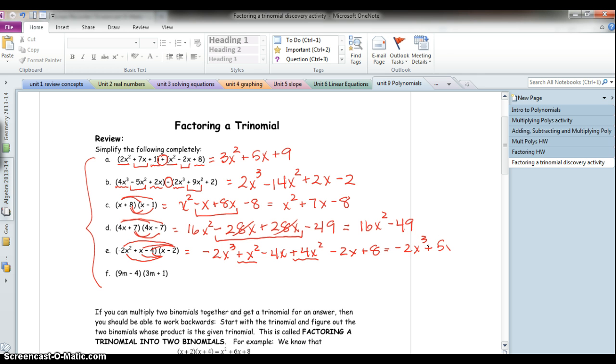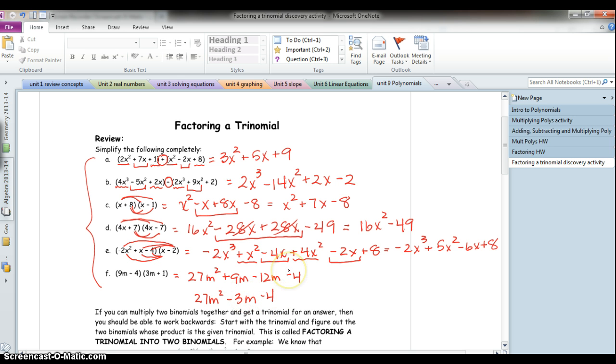That's a total of 5 of those. And then negative 4x minus 2x is minus 6x. And then the last one would be 27m squared plus 9m minus 12m minus 4. That's 27m squared minus 3m minus 4.